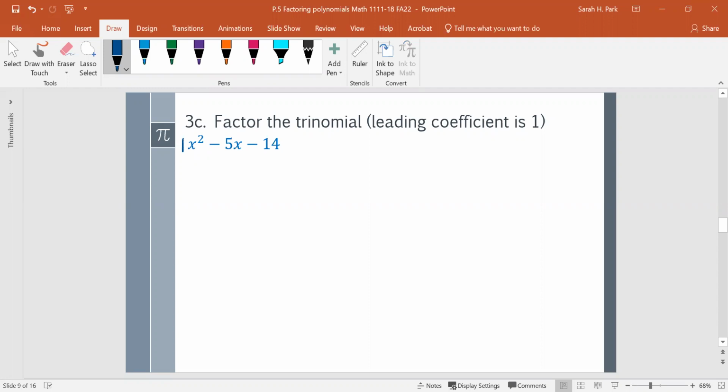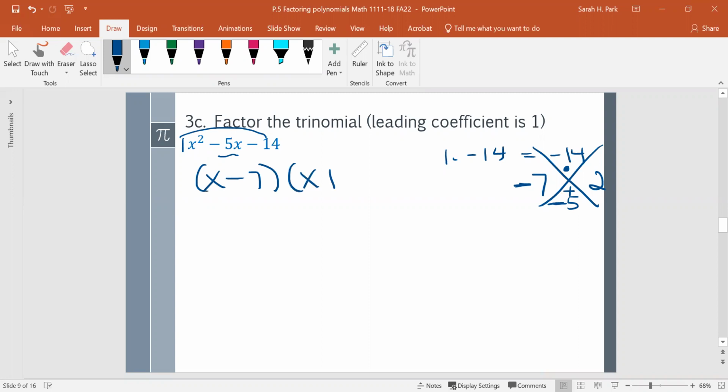Okay, so here we go. 1 times negative 14, the first and last numbers, is negative 14 here. The middle number is negative 5. So what times what gives you negative 14 and adds to negative 5? That's 7 and 2. We make the 7 negative because we need to add to negative 5. And so here are our factors, x minus 7 and x plus 2.